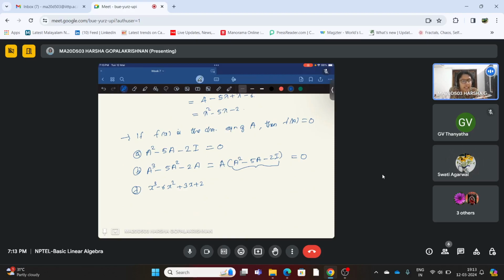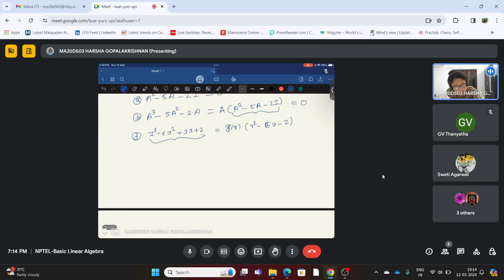Now, if the characteristic equation is a factor of the given polynomial, that means if I can write it as some g of x into the characteristic equation x square minus 5x minus 2, then it will be equal to 0, right? So the only thing is we need to check whether it contains the characteristic equation or not. So we can use the usual division. You know the division, right?